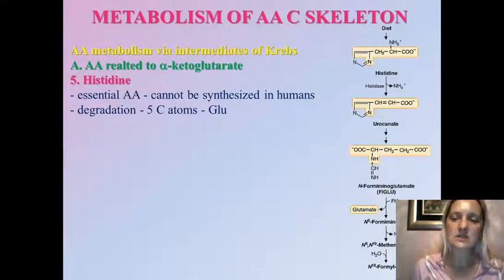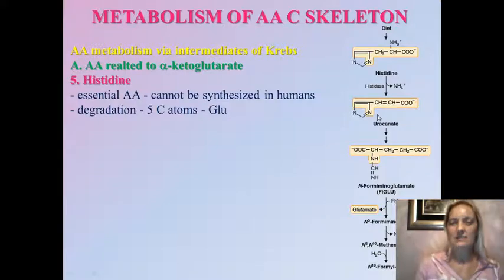Histidine is also degraded through alpha-ketoglutarate. It is an essential amino acid, so we cannot synthesize it, but we can degrade dietary histidine by histidase to form urocanate, and this is something that we have already mentioned in a previous slide, and ammonia is released. So this was one of the sources of ammonia for the urea cycle.